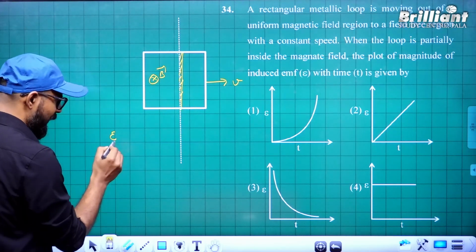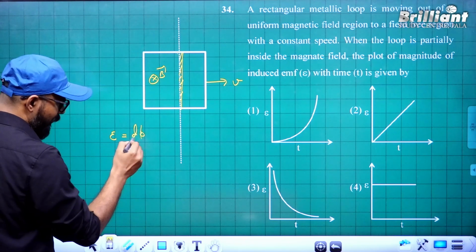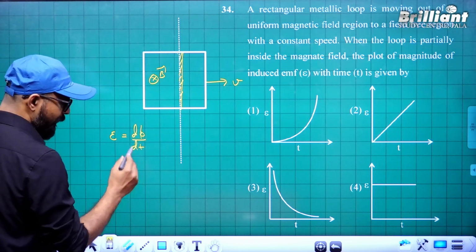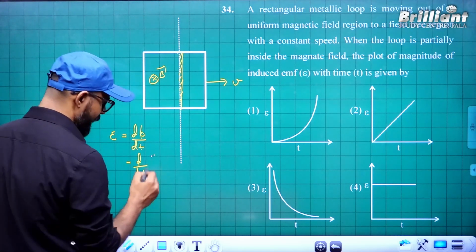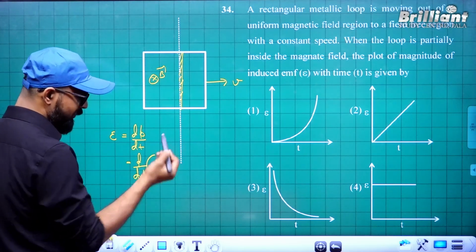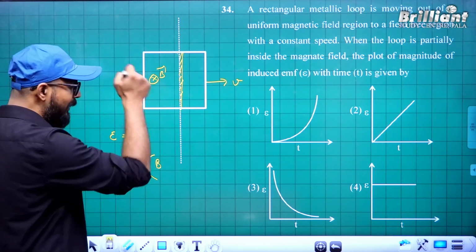So induced EMF is equal to d phi by dt, correct? The magnetic field is not changing, but the area is changing.